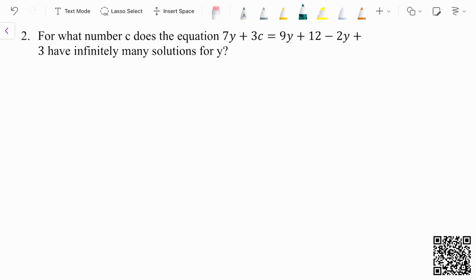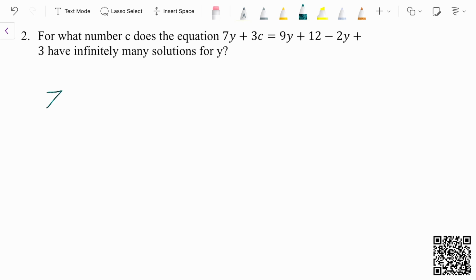And if they are the same line and you're trying to look for a system, that means that all the points on the line are a solution, which means that there are infinitely many because it goes in all directions forever. And this is the same idea. We are trying to make it so that these two become the same expression.